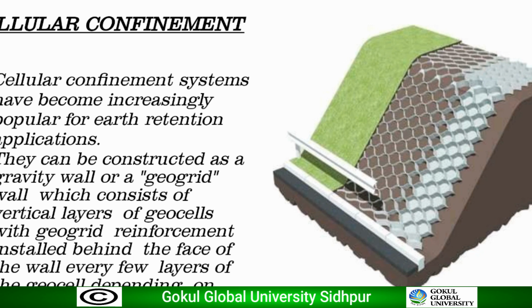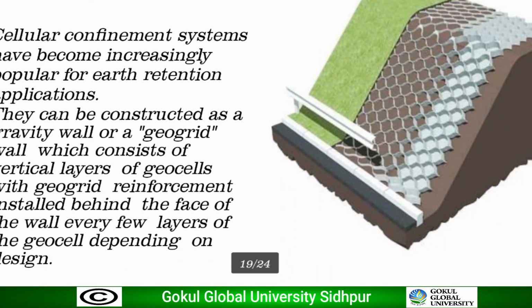Nowadays, geonet and geomembrane are easily available in the market, and cellular confinement means its bonding strength is good and it is economical. They are constructed as a gravity wall or as a geogrid wall, which consists of vertical layers of geocell with geogrid reinforcement installed behind the face of the wall, every few layers of the geocell depending on design.